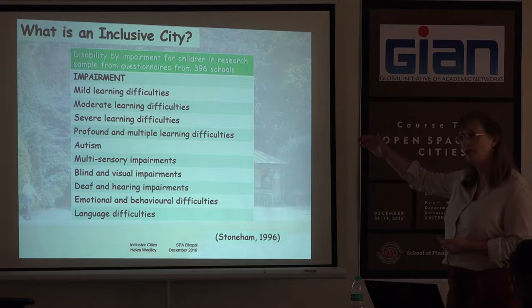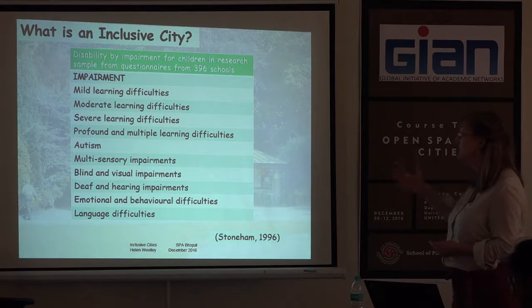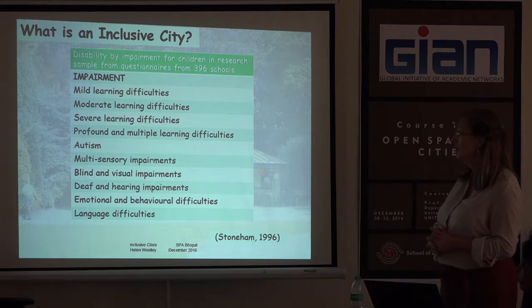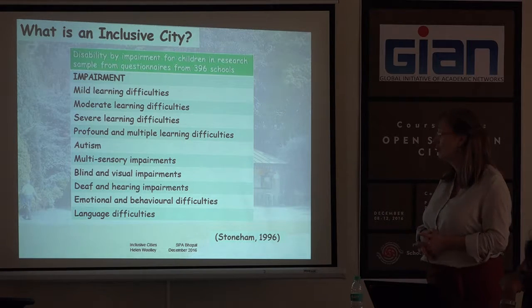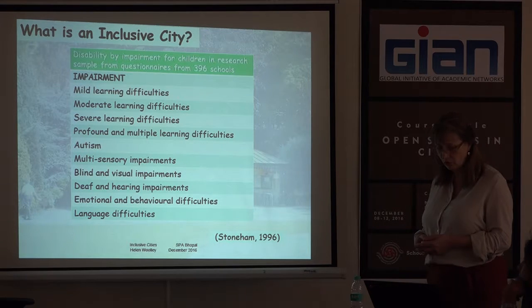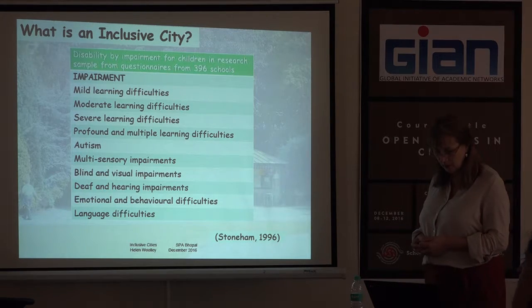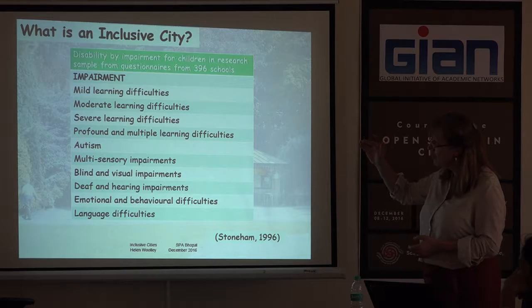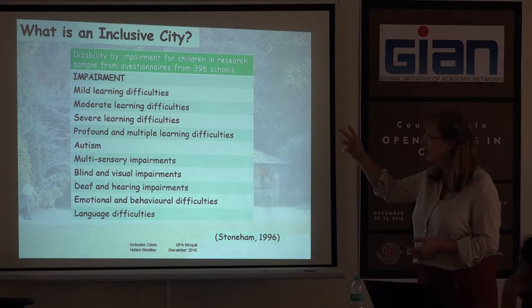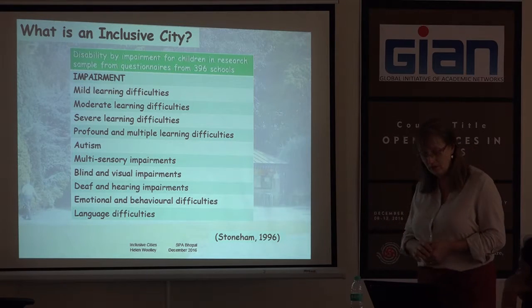A lot of learning difficulties, I guess, because it was in an educational context. Some of the children had autism, some had multisensory impairments, some were blind or had visual impairments, some had deaf and hearing impairments, some were emotional behavioural, and some had language difficulties. So that was interesting to see that there's a slightly different range of impairments experienced there and recorded there than in the national information.